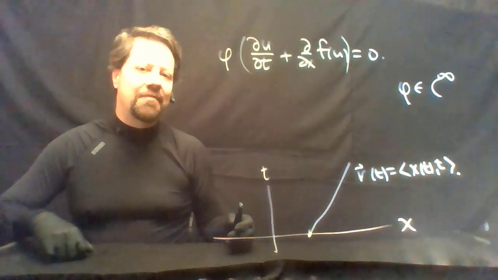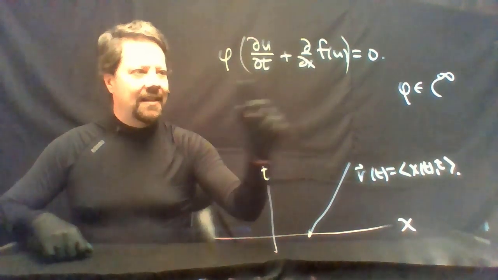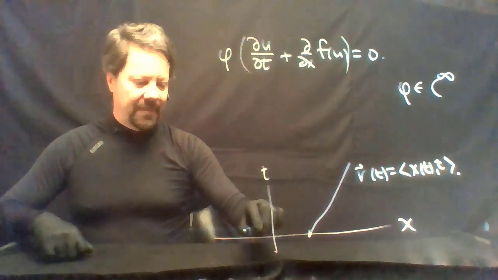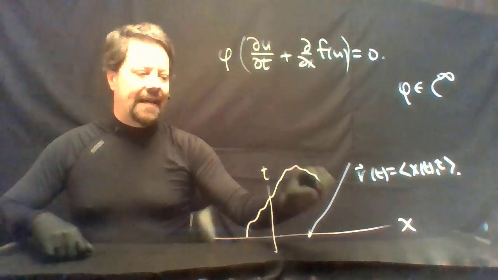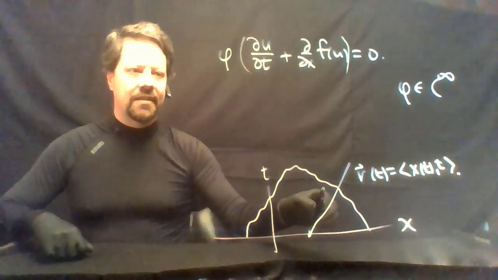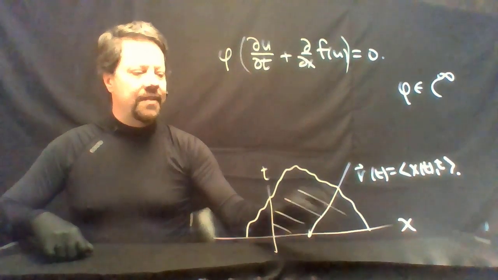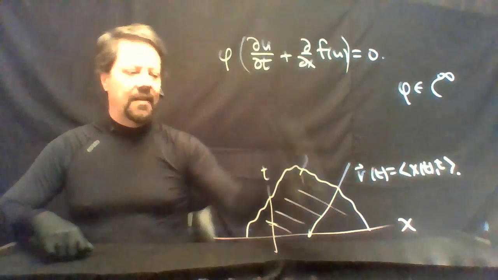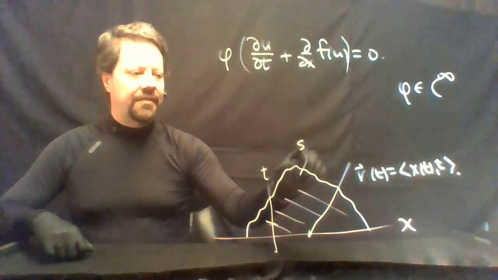It will be a C infinity function. Also, we're going to integrate. We're going to suppose that phi is 0 outside of this region. This region is called the support of phi.